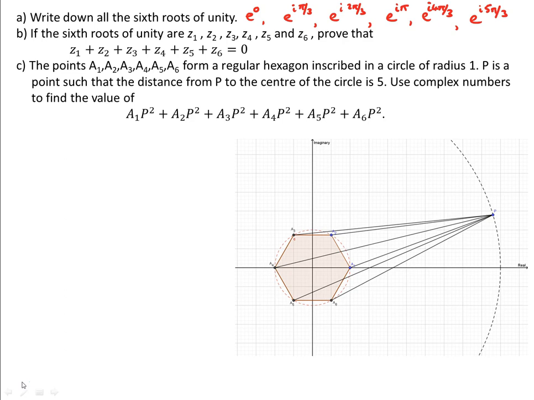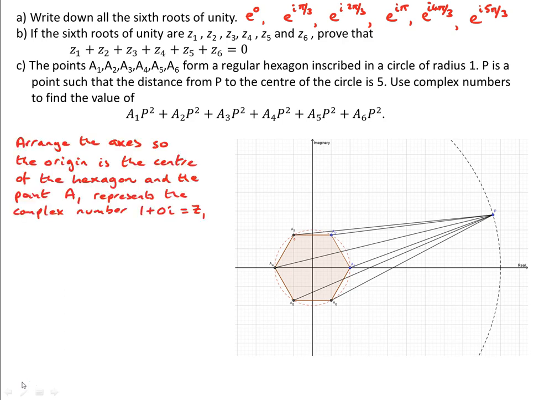Now what we're going to do is set the axes up in such a way that the origin is the centre of the hexagon, and the point A1 is going to represent the complex number 1 plus 0i.